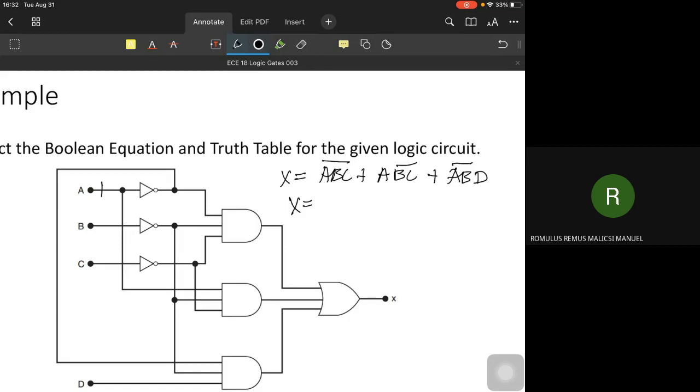So if 1010, pwede lang suga po, no? 1, 0 1, 1 0 1, 1 0 0. And manitanan. Diba? So 0.